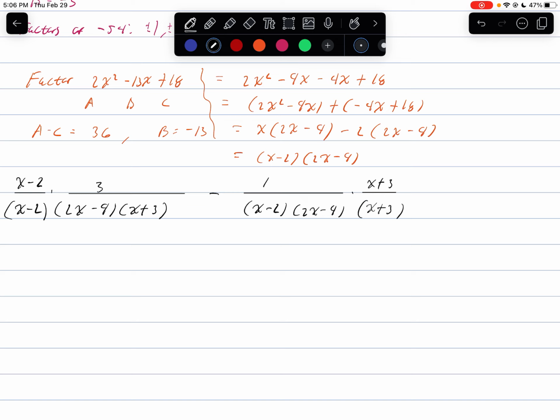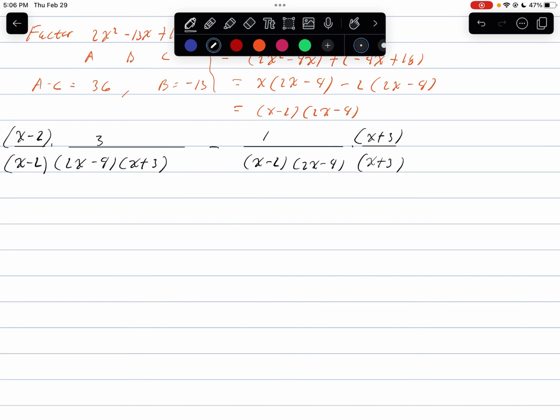Okay, and if we go ahead and multiply these out, for the numerator on this side, we'll get x minus 2 times 3, which is going to give us 3x minus 6.